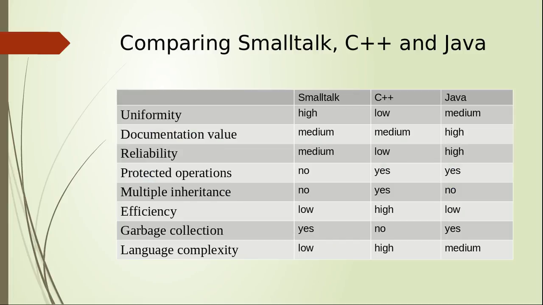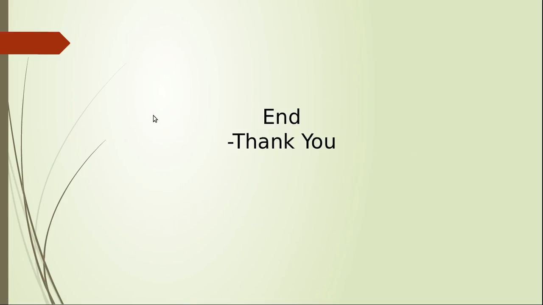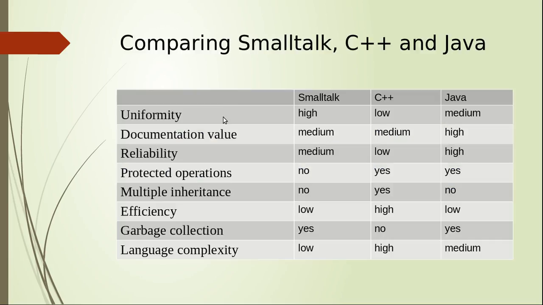If you compare Smalltalk with C++ or Java, let's check it for uniformity. Oops, sorry, wrong click. Uniformity is how uniform things are throughout all the code. For Smalltalk it's pretty high.